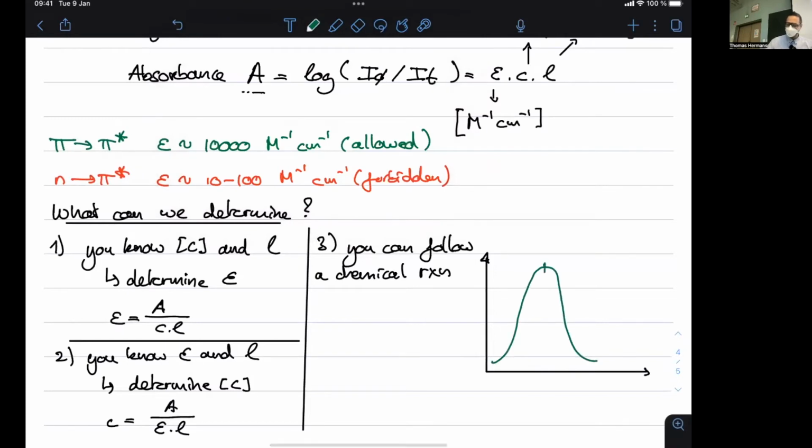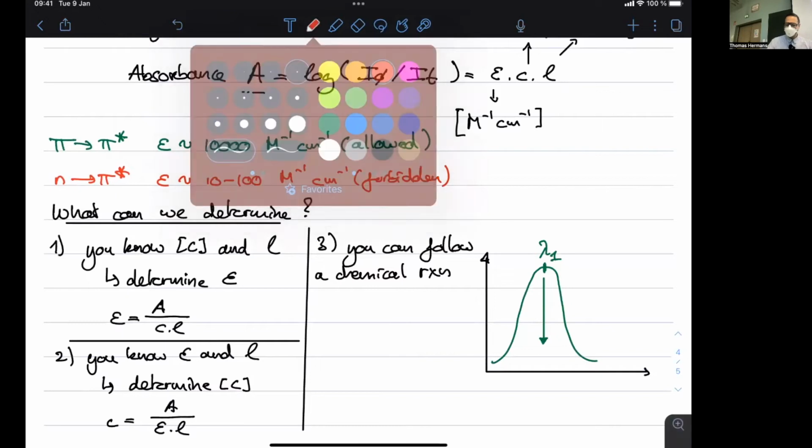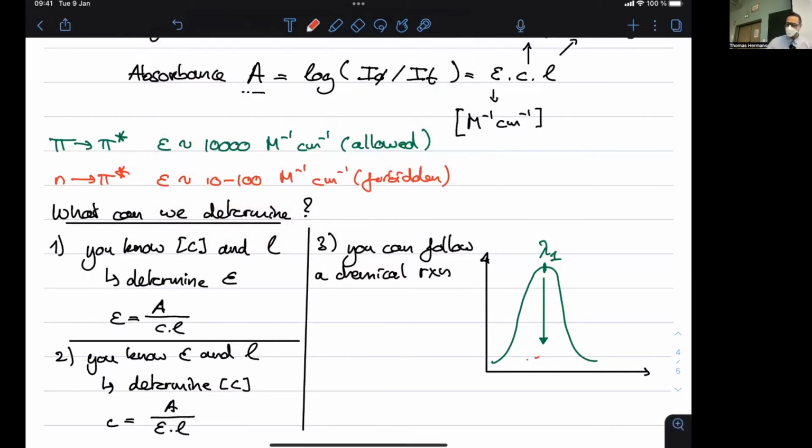It has a certain lambda max, and this molecule, for example, breaks down, it reacts, and therefore its absorption decreases, and the product has probably a different absorption, and this one will increase.